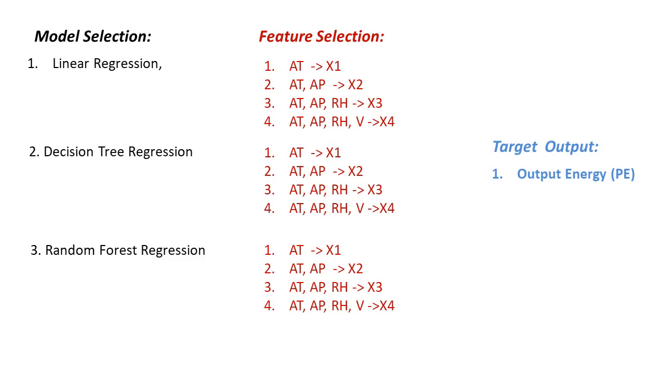X3 applies three features, AT, AP, and RH. And X4 applies all the features. In linear regression, the same goes with decision tree regression and random forest regression, we apply x1, x2, x3, and x4.